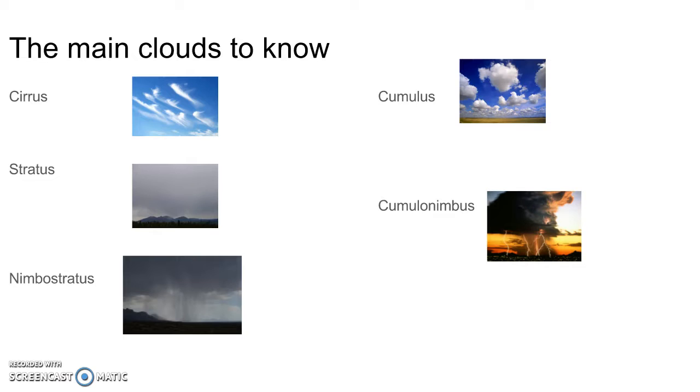And while you're keeping your cloud journal, I'm going to be keeping one at home as well, just to be able to tell if you did it at least somewhat right. So again, it doesn't have to be perfect. It just has to be mostly correct. You know, I don't want to see a nimbostratus when it was a cirrus kind of day. But if you mix up the altitudes, that's okay. But at least it's got to be at least mostly correct.